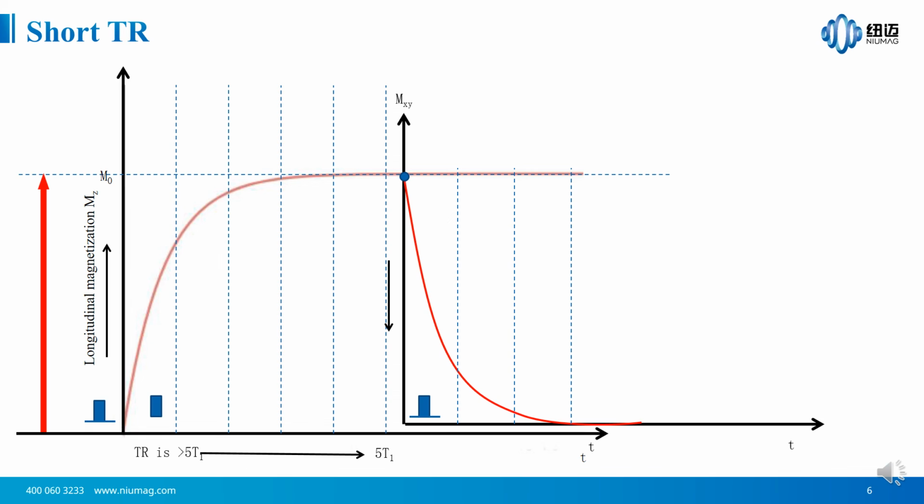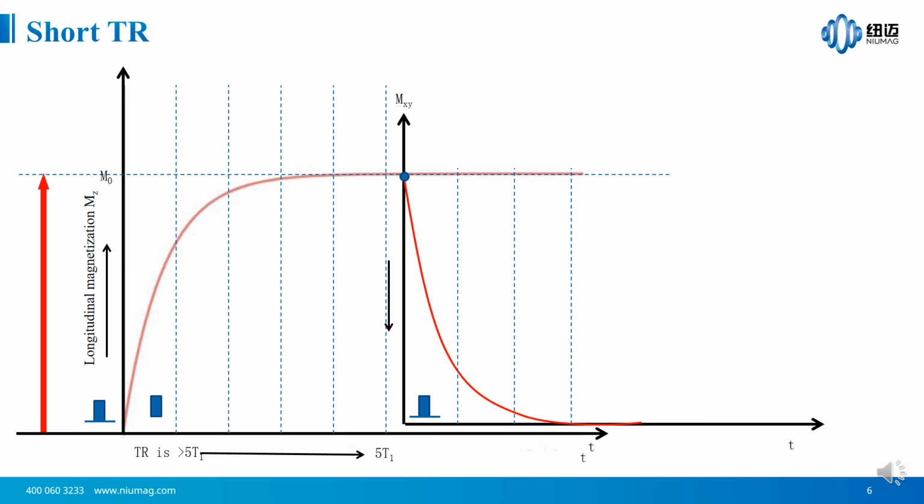We also look at the recovery process of the longitudinal magnetization vector corresponding to the short TR. Before the first 90-degree pulse, the longitudinal magnetization vector of the sample is the maximum M0. After the 90-degree pulse, the longitudinal magnetization vector is deflected by 90 degrees. After the pulse is turned off, the longitudinal magnetization vector recovers from zero.